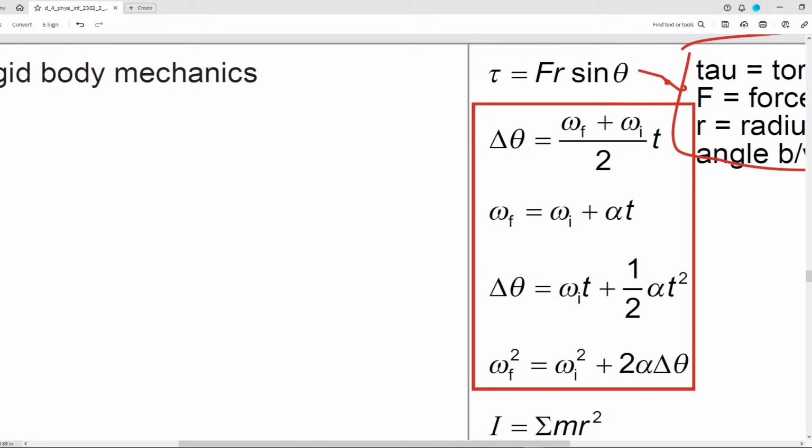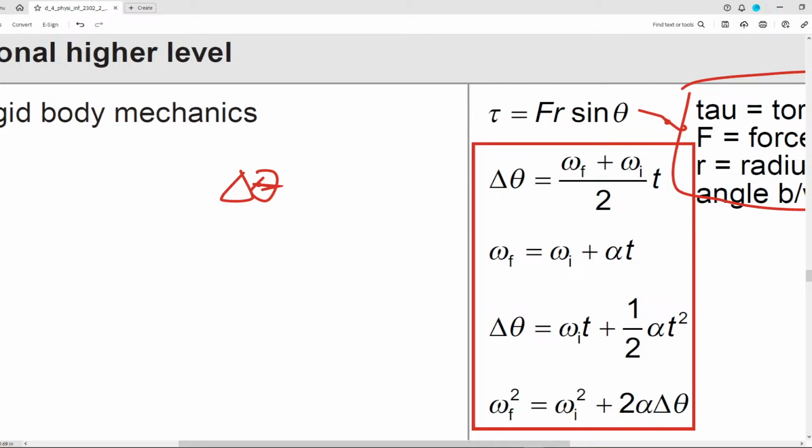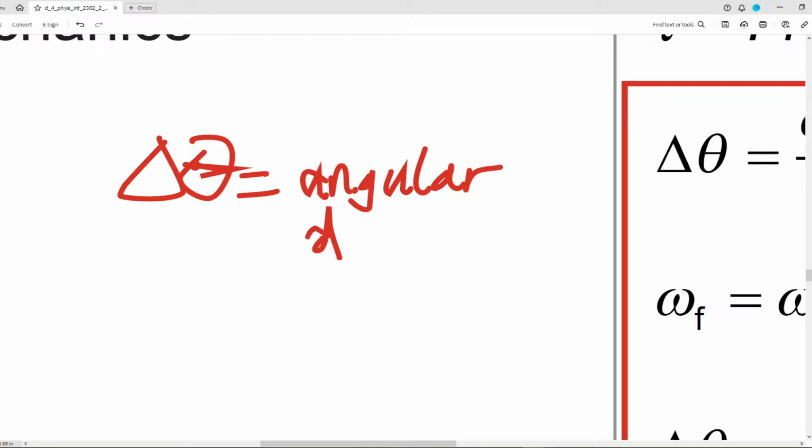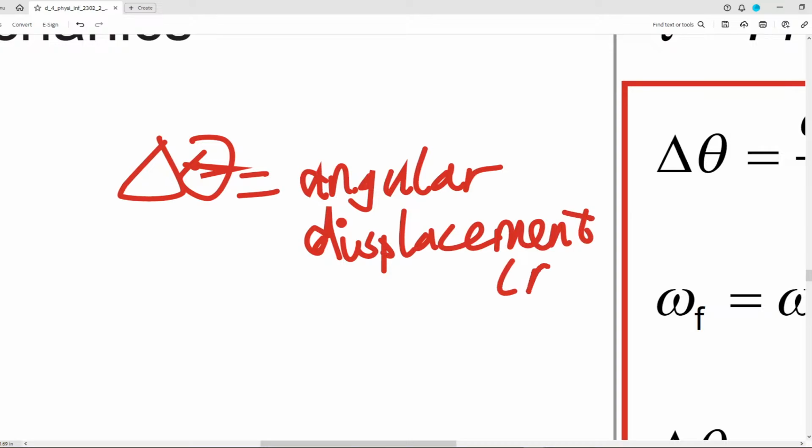So theta is in radians. Delta theta is angular displacement. It's measured in radians. It must be measured in radians, otherwise it won't work.